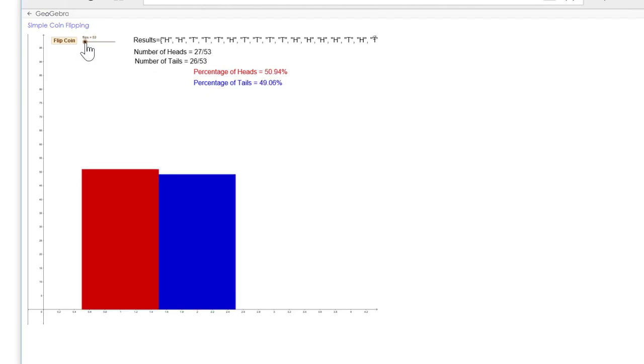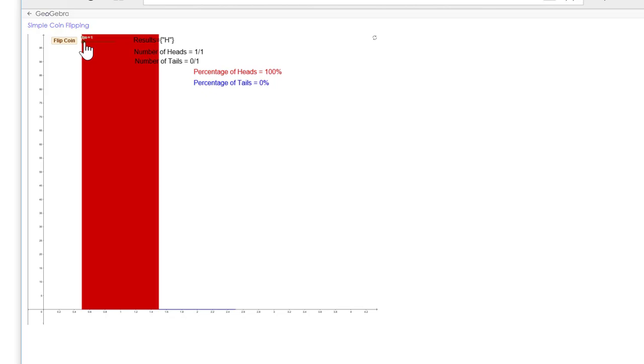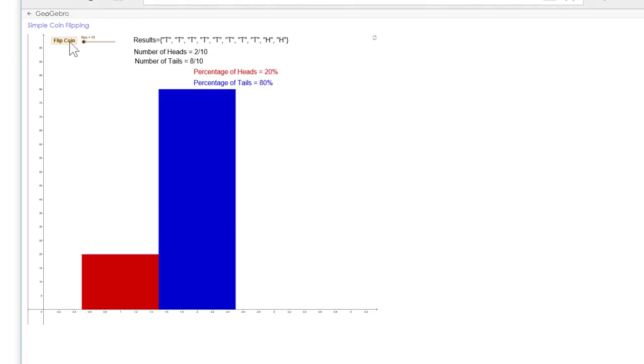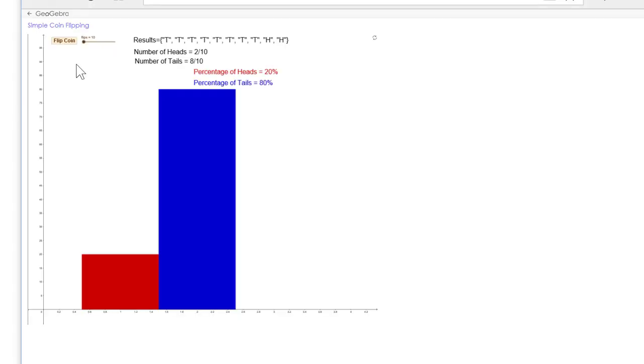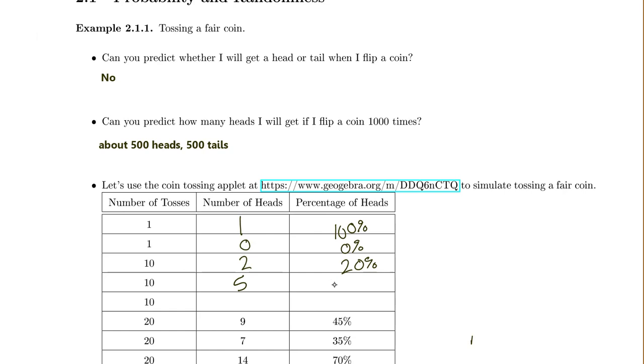But what if we move this to 10? Okay, so let's flip the coin 10 times. It looks like we got 2 heads, that would be 20%. Let's try again. We got 5 heads, so 50%.